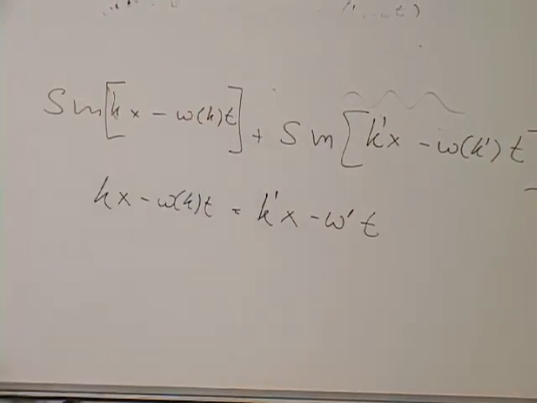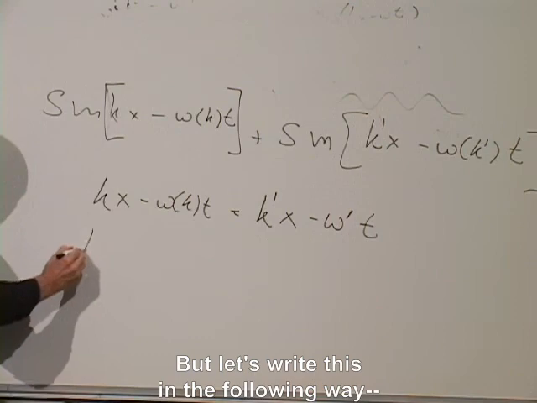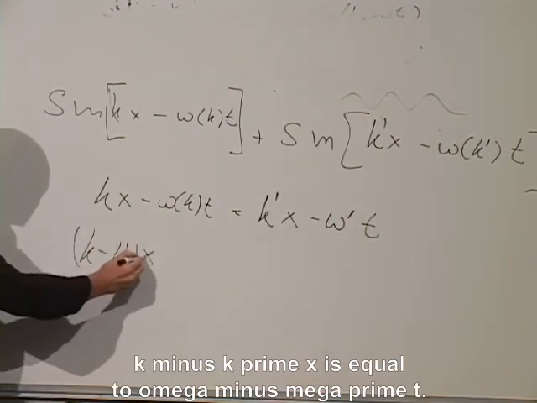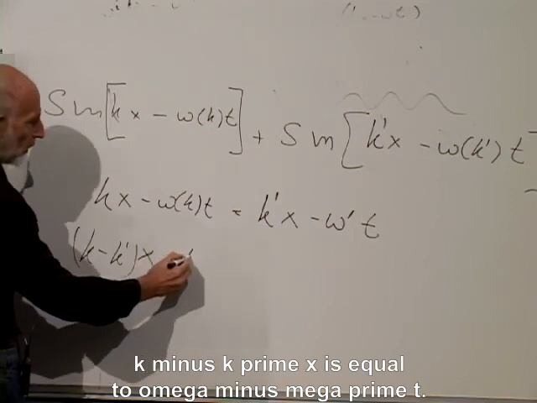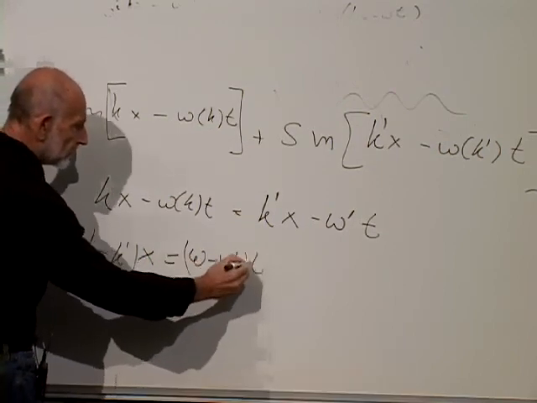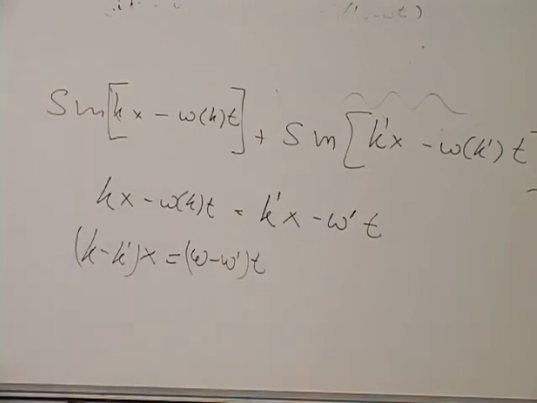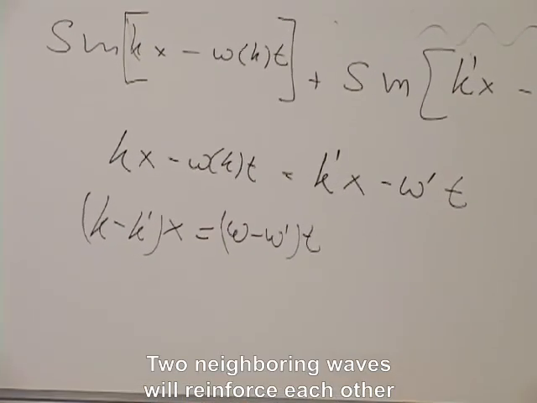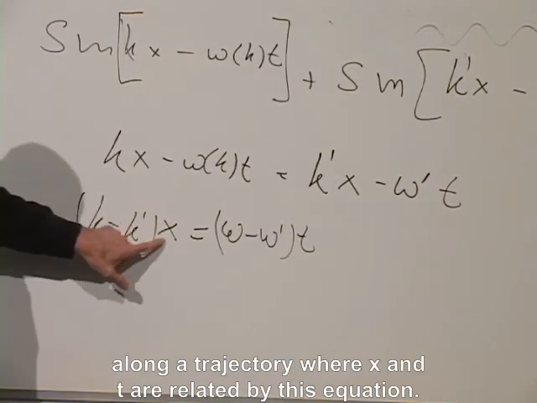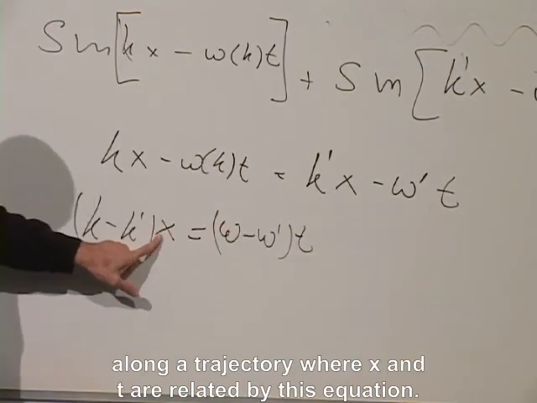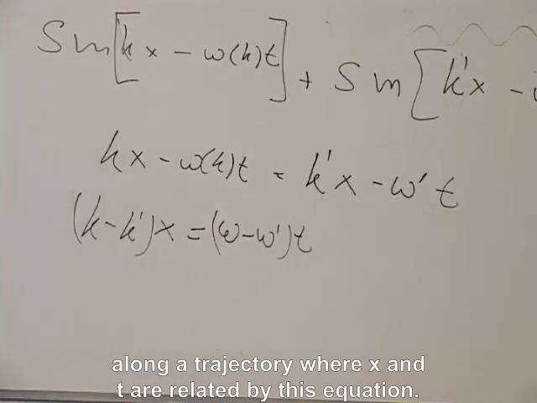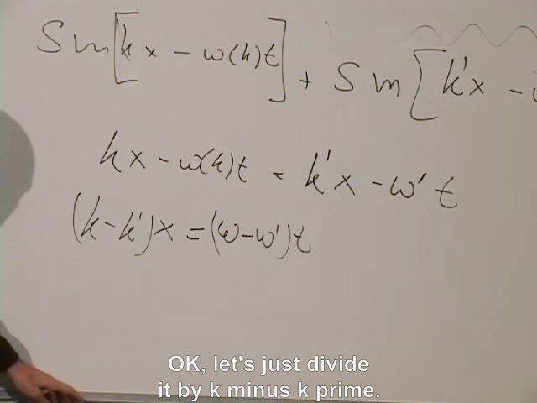But let's write this as (k minus k prime) x equals (omega minus omega prime) t. Two neighboring waves will reinforce each other along a trajectory where x and t are related by this equation. Let's divide by k minus k prime.